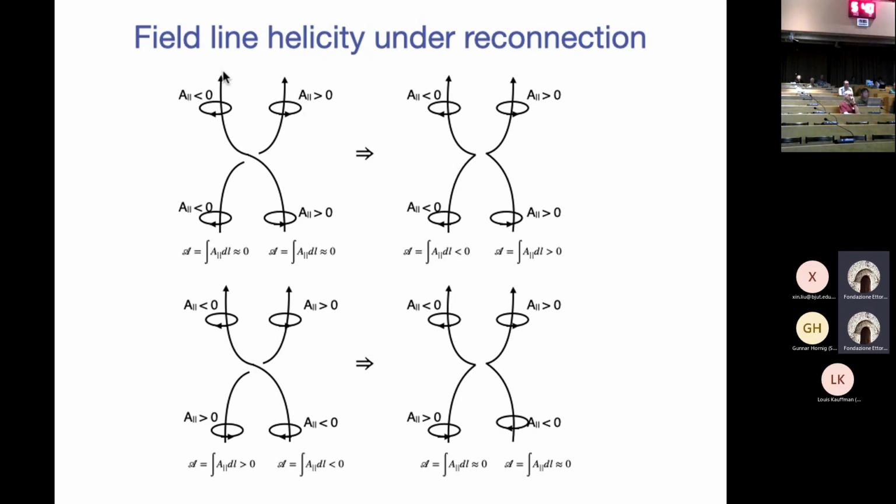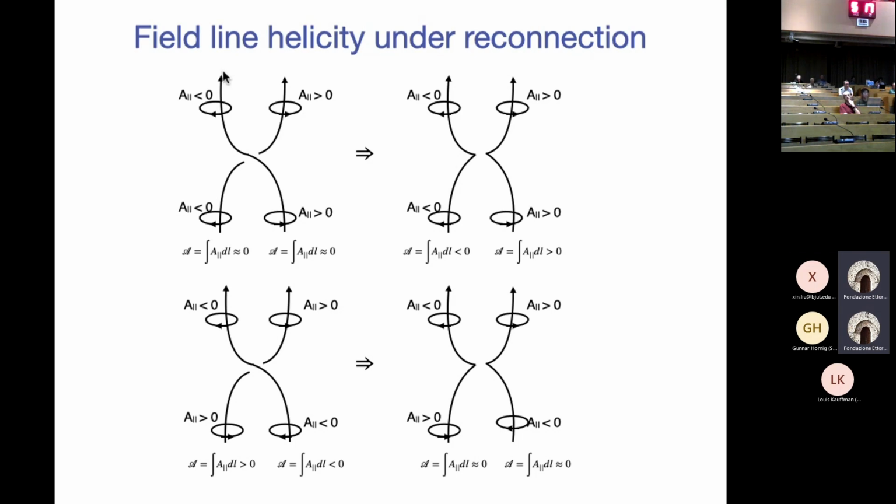While for this field line here, there should be a positive current along the field line. Now, currents of opposite direction repel each other. So the reconnection here is rather unlikely to happen because it has to go against the energy, against the forces.